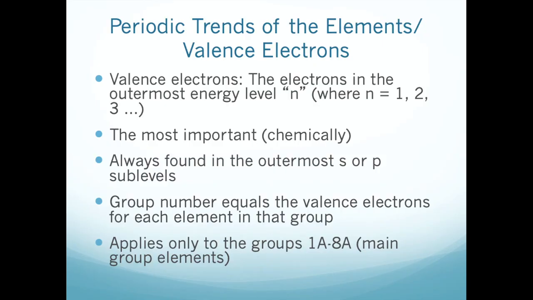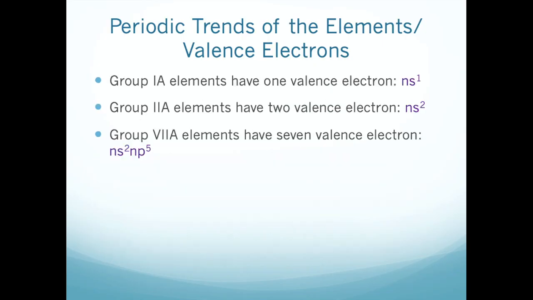For example, you'll notice that all of the group 1 elements will end with something s1. I'll show you some examples with a couple of alkali metals, and you'll notice that all of them end with something s1. Likewise, all the group 2 elements end with something s2, and those electrons correspond to their group numbers. The halogens are in group 17 or group 7A, and the reason for this is that they have 5 of those p electrons.